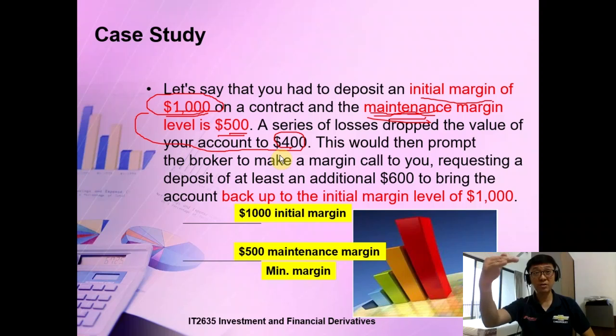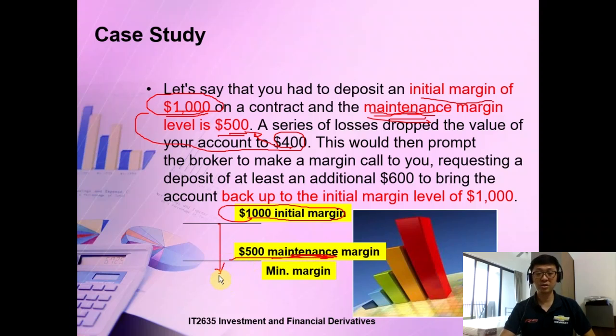It dropped from 1,000 to 400. So that is what happened. It's lower than your maintenance margin. This is your initial deposit, 1,000 over here. But let's say you make a loss for that day, and it dropped below your minimum maintenance margin. If you drop, let's say, to 400, you have 400 left.